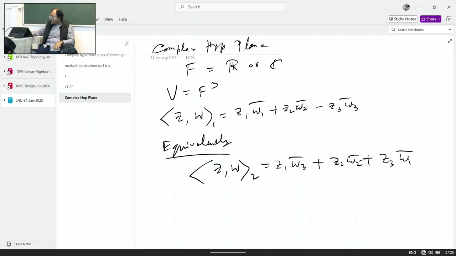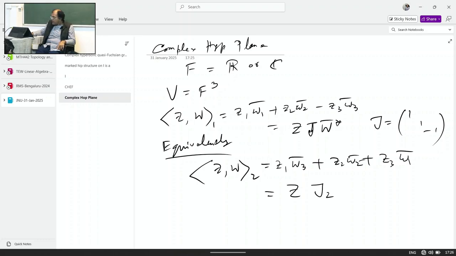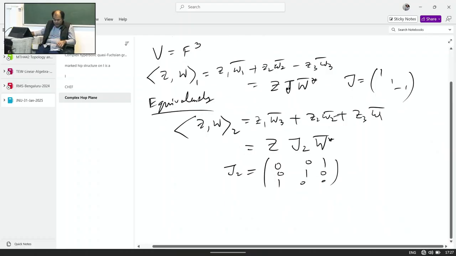This Hermitian form is Z J1 W star, where J1 is diag(1, 1, -1), and this is Z J2 W star, where J2 is the matrix 0 0 1, 0 1 0, 1 0 0. Every Hermitian form can be represented by a matrix, so equivalence means these two matrices are equivalent.